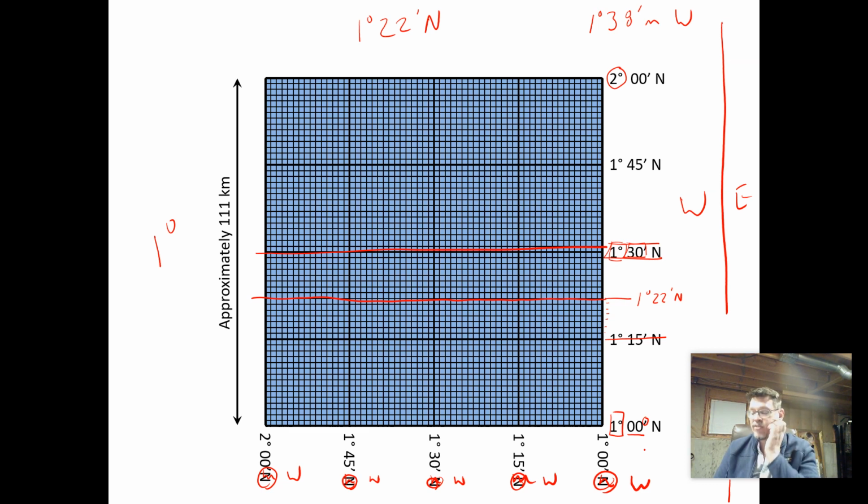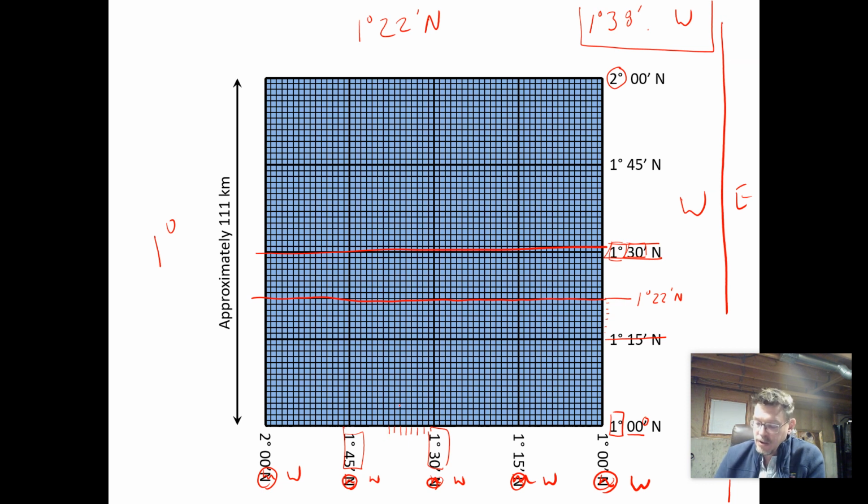All right, so going back to finding me and my kayak in the middle of the ocean. My longitude coordinate is 1 degree 38 minutes west. So 1 degree 38 minutes is going to be between 1 degree 30 and 1 degree 45 minutes. So I go 130, 131, 132, 133, 134, 135, 136, 137, 138.